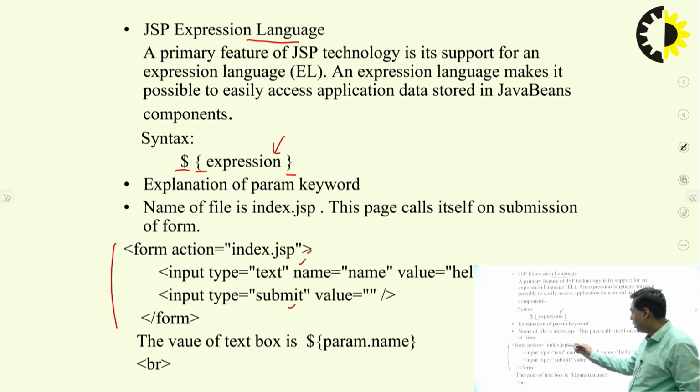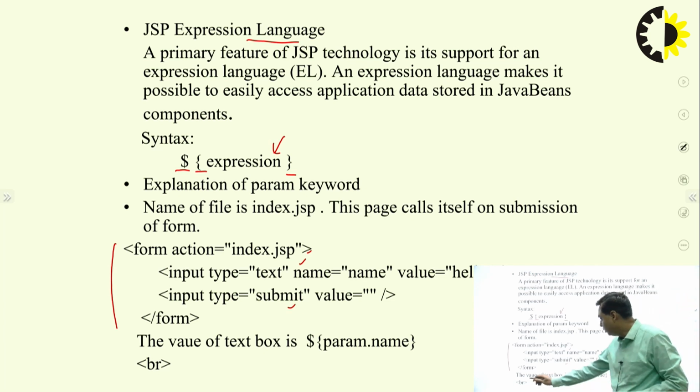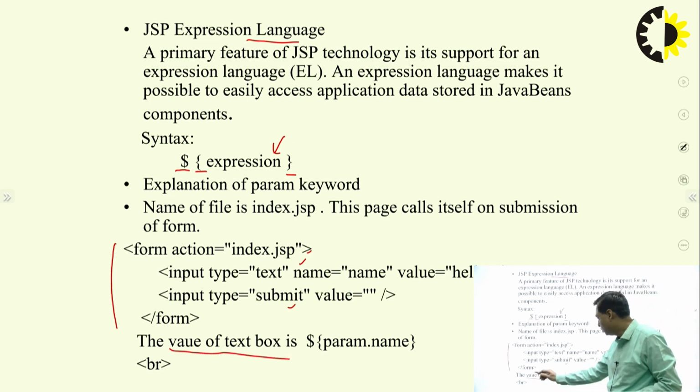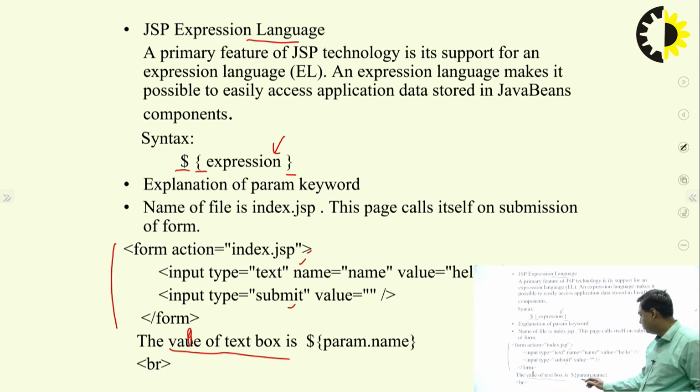When it calls itself, we want to display the value of the text box, whatever you type. So, we are displaying the value with the help of a JSP expression. We have written a statement, the value of the text box, and we have written the dollar symbol, and to display the value of the text box we are using the param keyword.